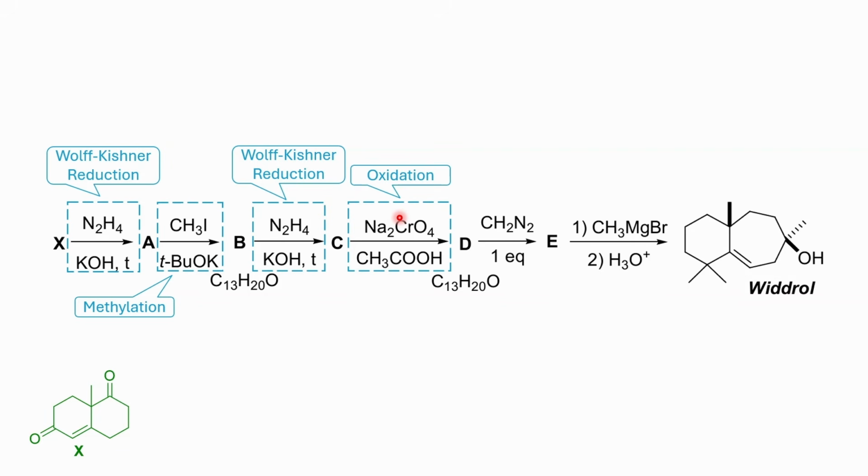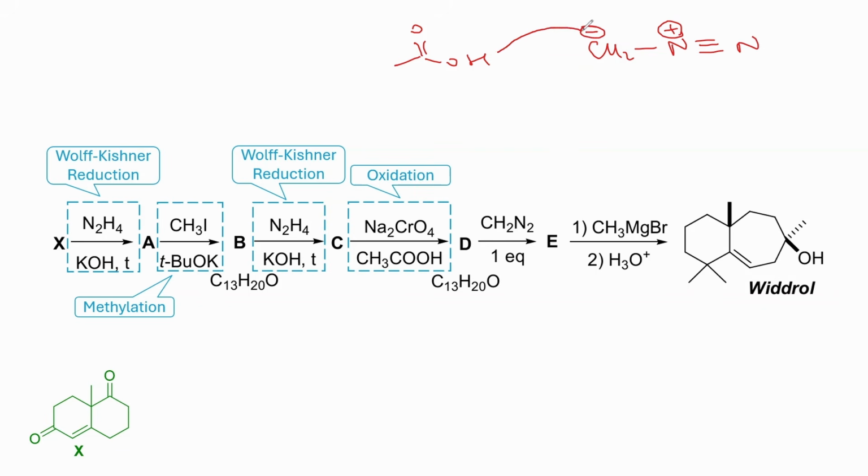And then there is this step, CH2N2. This actually has many roles in organic synthesis. The most obvious and most commonly used one is converting COOH, a carboxylic acid, to COOCH3. When we have COOH and CH2N2, I'm going to write it in full structure like this: the positive charge on nitrogen, negative charge on this carbon.